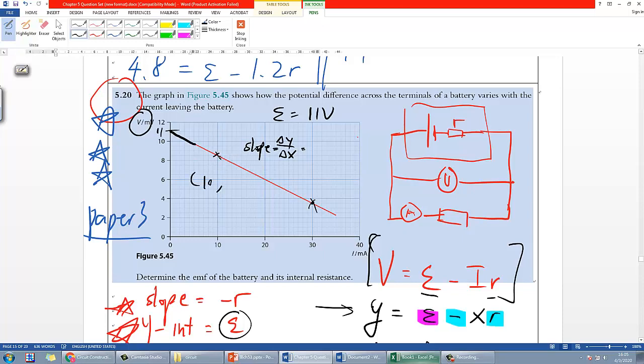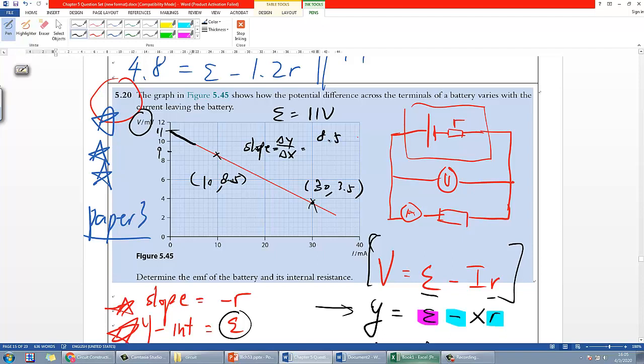Let's write a coordinate. This is 10. How much? This is 5. Wait, 4. 1, 2, 3, 4 grids. So, oh, this is 9. Okay, so this is 8.5. Yeah, 8.5. And so these coordinates are 30 and 3.5.